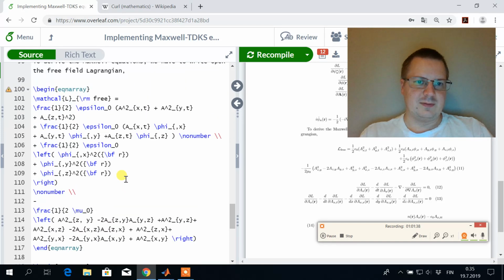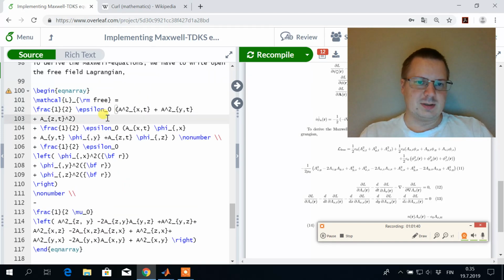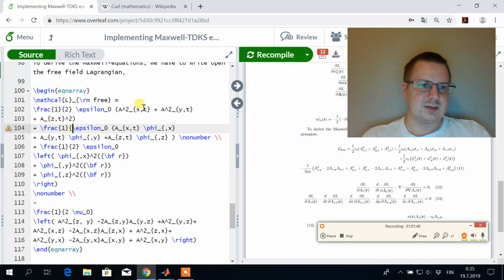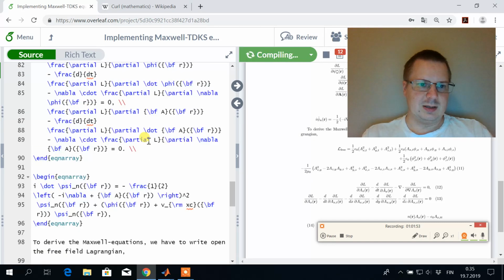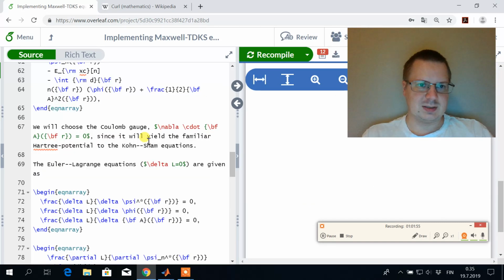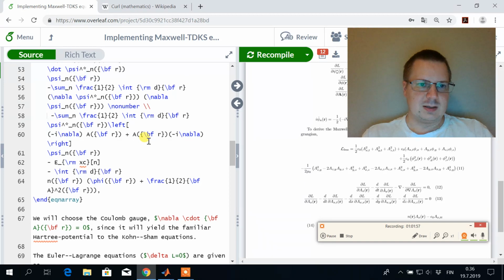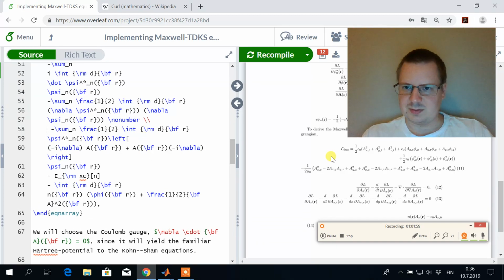I think I have forgotten. It's a plus b squared, so the ab term is twice. So I think this half has to go. And I think I have repeated the mistake somewhere here as well. Not necessarily.